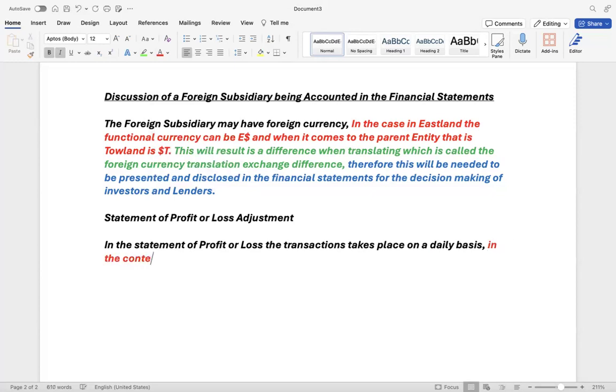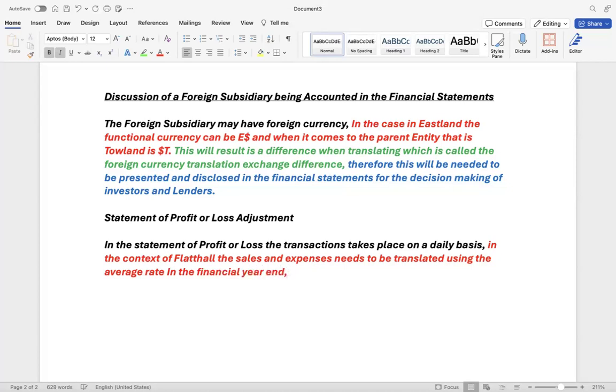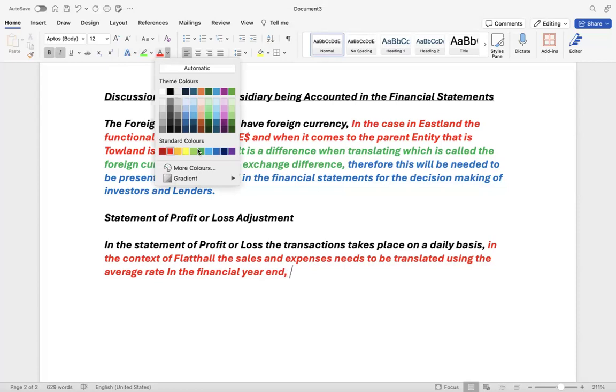In the context of Flatthall, the sales and expenses need to be translated using the average rate in the financial year end. Students, I'll continue this.